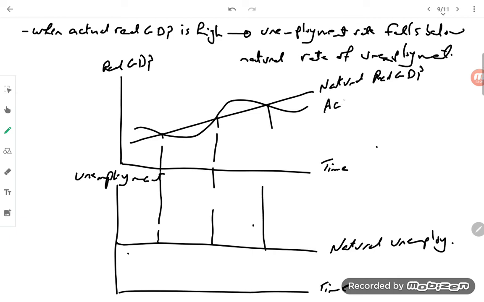This is actual real GDP, and this is actual unemployment rate.